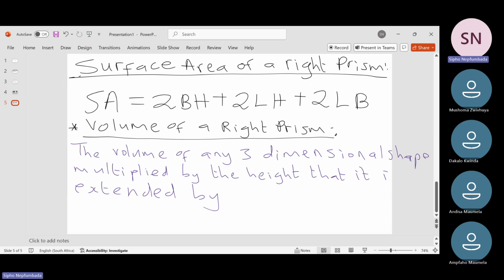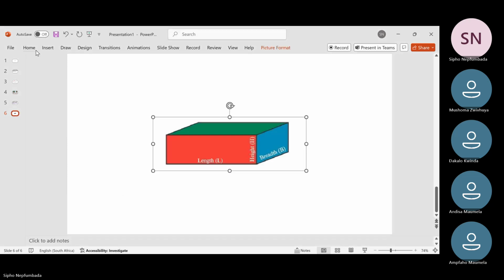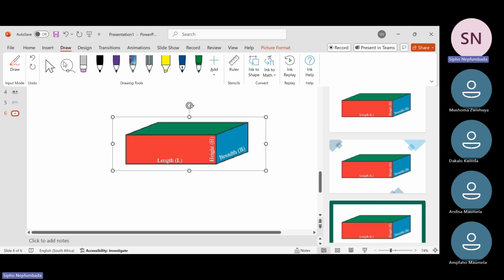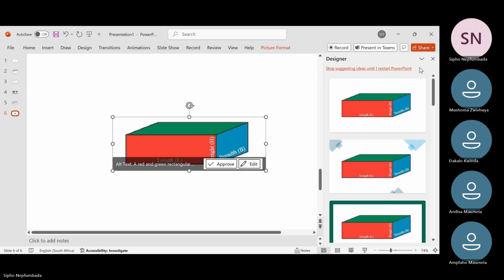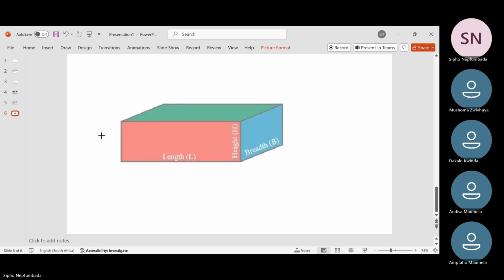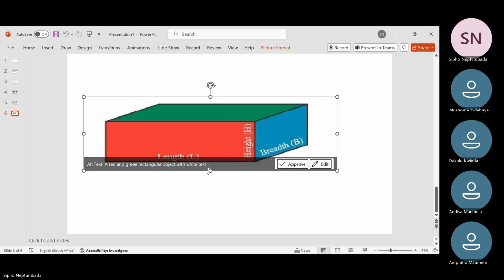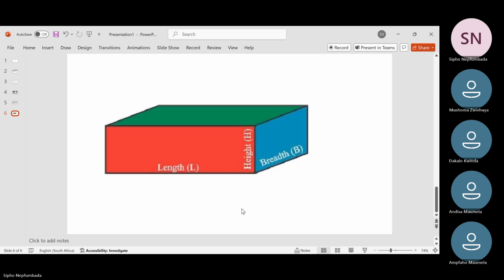Okay. So now let's say the height that is multiplied by... I hope the picture is visible. Yeah, the picture is visible. There we go.